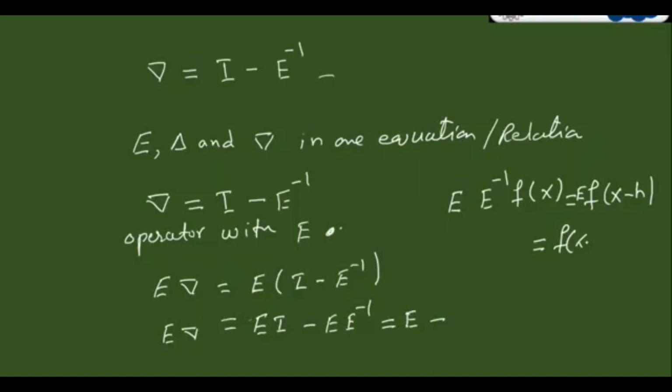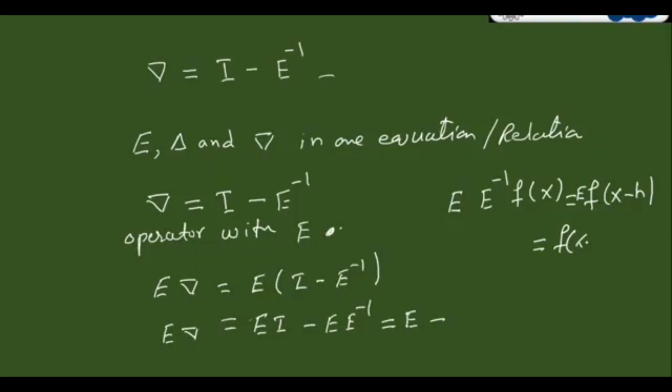So this means that if you apply E on E inverse f of x, they operate just like inverses of each other. You will come back to that function again. It's just like no operator is applied. So we can say E and E inverse will cancel out each other, and the only thing left is identity, like the one left. One means identity in our case.